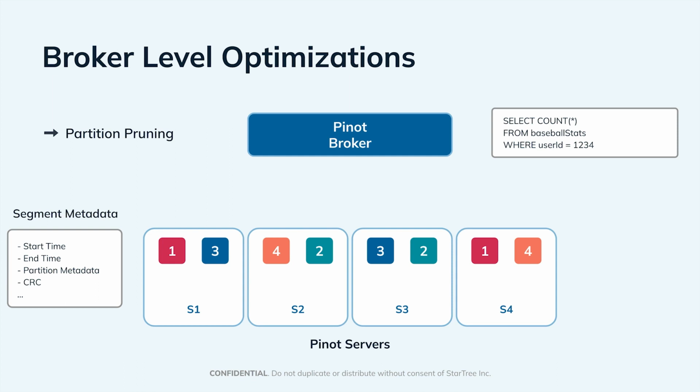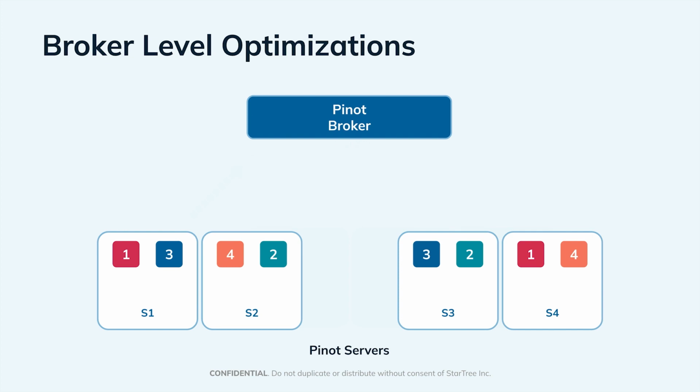In this case, you could partition your data on user ID and specify that in the Pinot table config. So Pinot knows the data is partitioned on user ID. Again, when a query like this comes in, it can look at the segment metadata, which includes the partition information, and filter out most of the partitions that the user ID doesn't map to, and focus on only a few segments instead of all the segments.